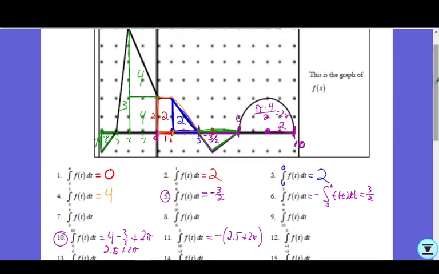So negative 1/2 times 2 is negative 1. And this is going to be 6. And 8 times 2 is 16. And 4 times 2 is 8. Negative 3/2 times 2 is negative 3. And 2 pi times 2 is 4 pi. So those are our areas multiplied by 2.